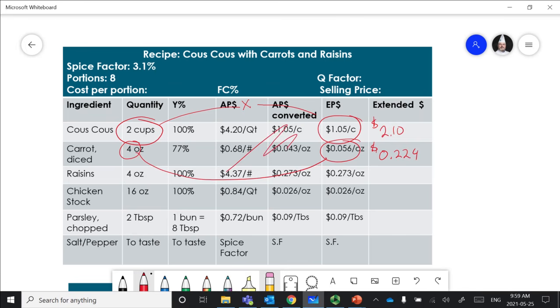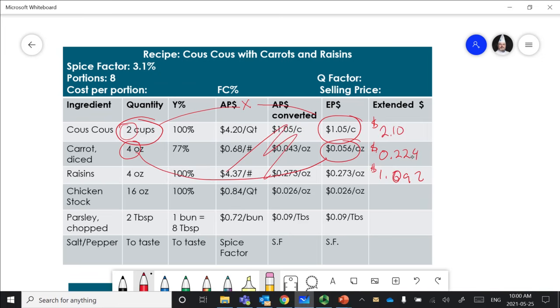We're done with this stuff here. We're simply taking the number of units multiplied times our EP value per that unit and extending it across. So our raisins, for example, now we have 4 ounces times 0.273 gives us 1.092, right? And so on. We're going to calculate all those as we go down.